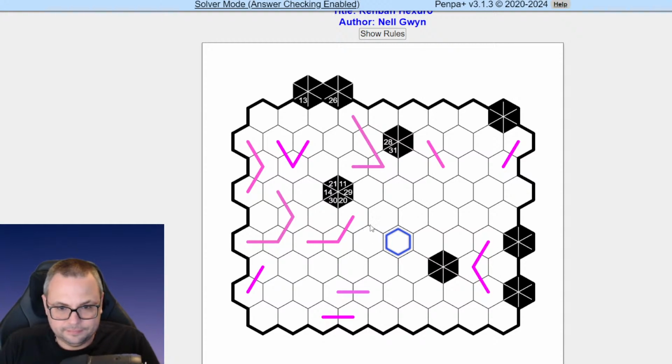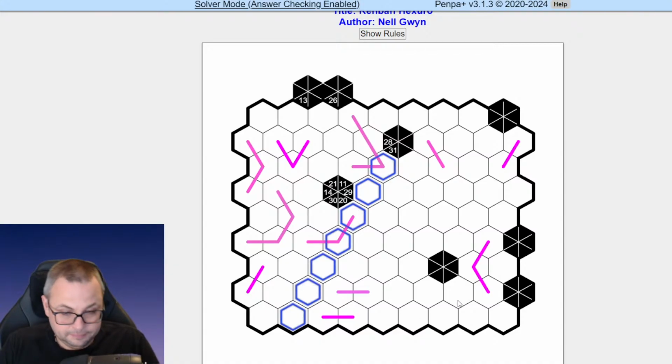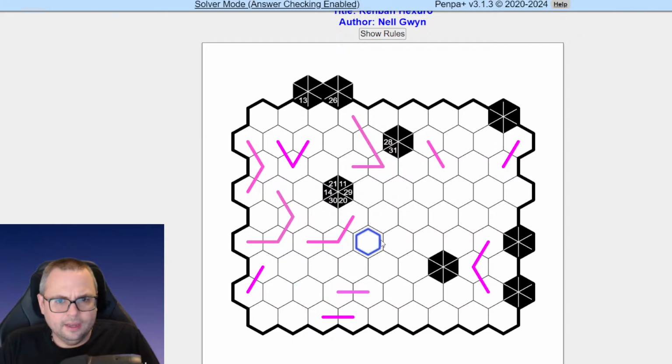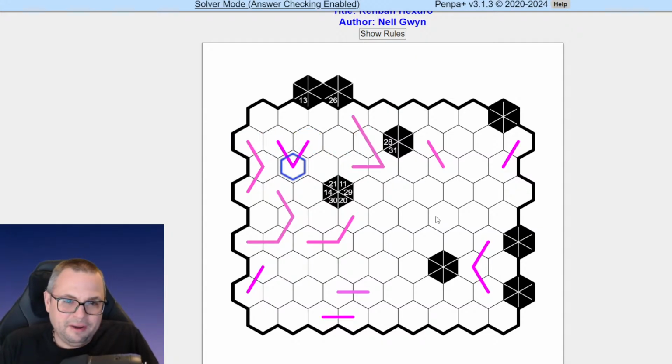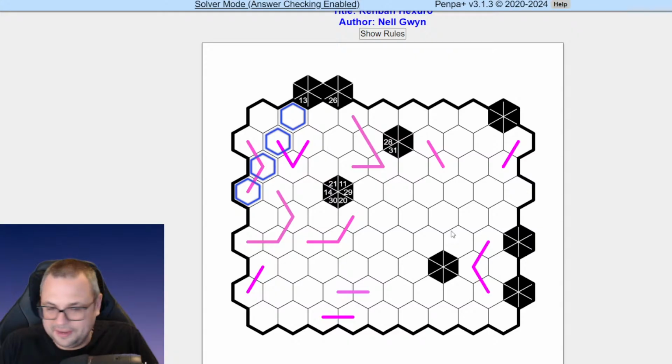Okay, I don't think 26 and 9 is forced. They're 1, 2, 3, 4, 5, 6, 7. I don't think that's forced. I'm not sure how I feel about the use of slightly off colors.